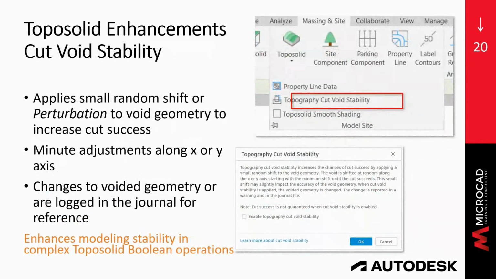The cut void stability has been improved. The Boolean operations are going to be performed better. Again, it's going to minimize the adjustments, and the voided geometry are going to be journaled for reference.